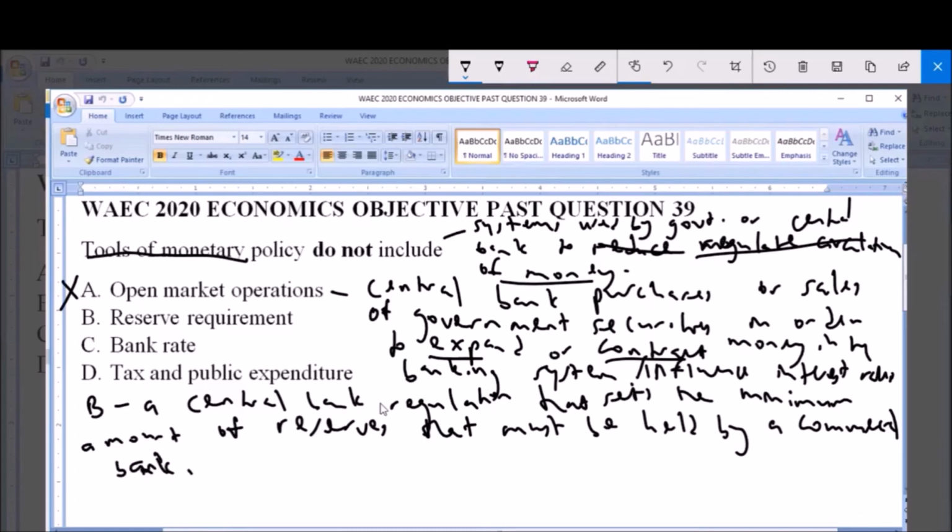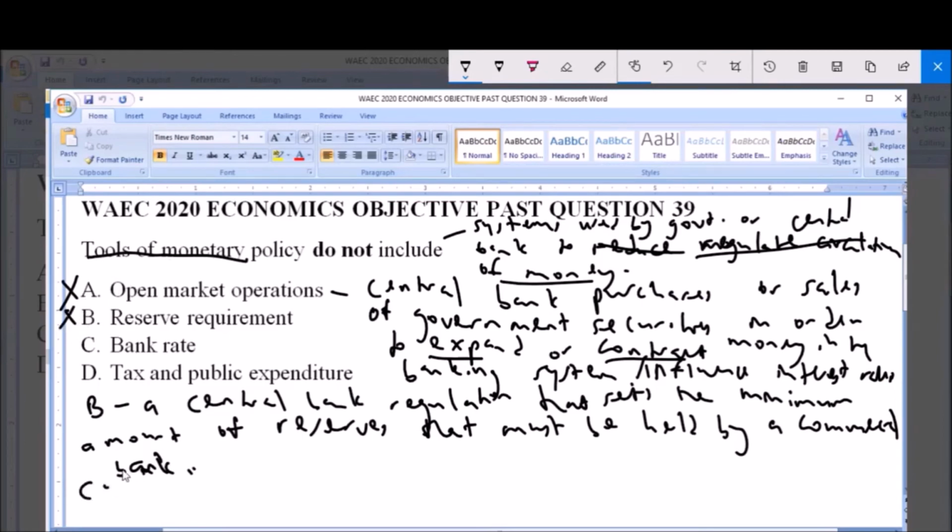So a certain amount of reserves of money must be held by a commercial bank, and that amount is regulated by the central bank. So as you can see here, it also stands to regulate the amount of money in the banking system, and hence it is a tool of monetary policy and is not the answer to this question.